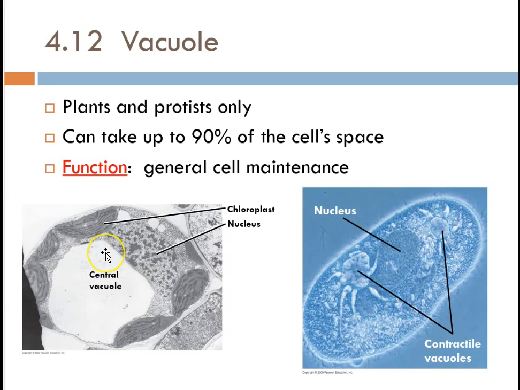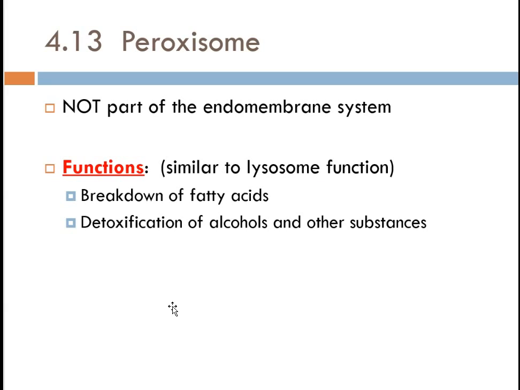It's huge, so the plant doesn't have to have water 24/7. It can just keep tapping into its vacuole. But keep in mind, only plants and some organisms have it. Most eukaryotes don't. And peroxisomes function by breaking down fatty acids, detoxifying alcohol, and really destroying things.